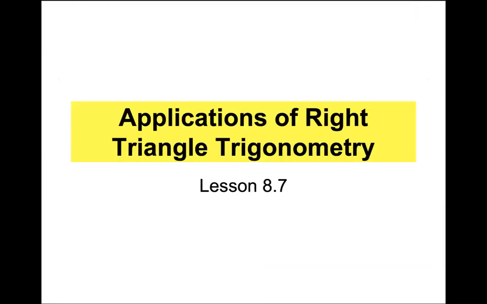All right, so here we go. Applications of right triangle trig. If you were to ask anyone who uses math in their job on a daily basis, I would bet you, other than maybe an accountant or something like that, anyone who deals with physical objects is probably using trig of some sort. How do we know the actual distance between the Earth and the Moon?